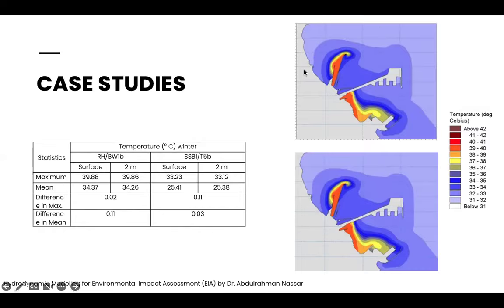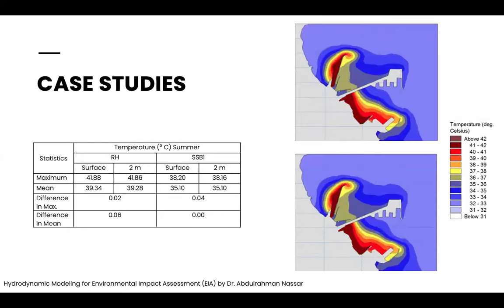So from this output, we got so much information. First, there is no difference between surface and -2 meter depth, so we can use both of them.